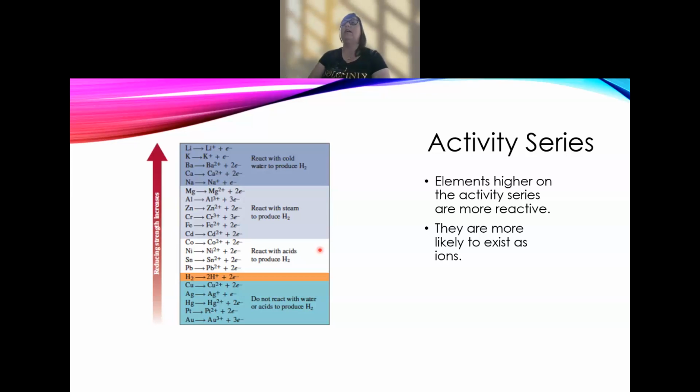So lithium has a greater desire to lose electrons than potassium does. So anything that's above in this table, if we're looking at reduction, is going to be a better reducing agent. Okay. So if it's below, that means it's a better oxidizing agent.